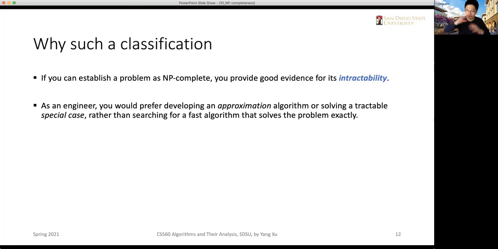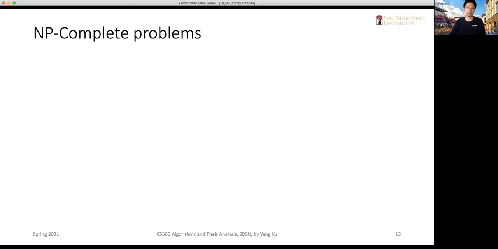If we have some knowledge about what types of algorithms there are in the world, then we can use this classification to determine how much time we want to spend and how good we expect an algorithm to be. Okay. So yeah, lastly, we're going to go through some very famous NP-complete problems here.